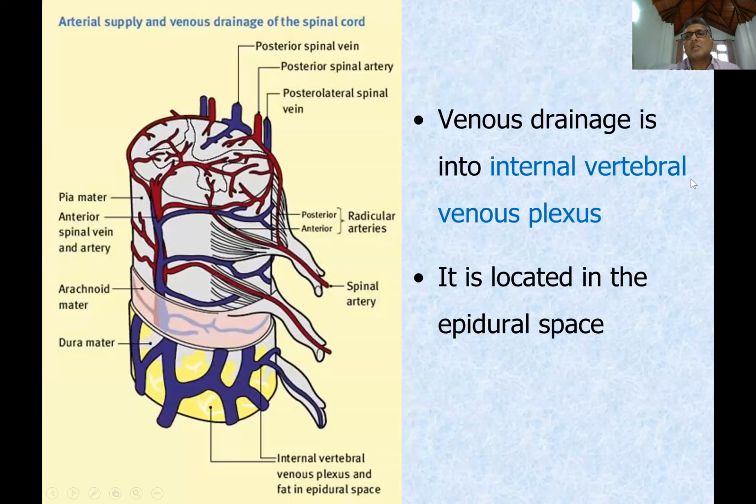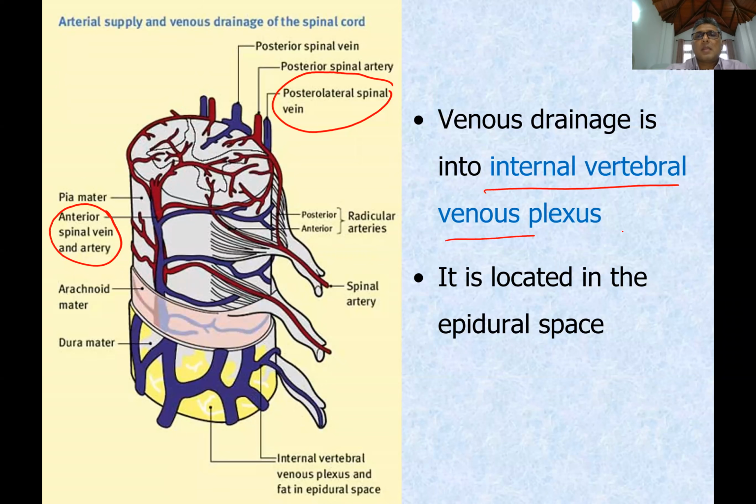Then when it comes to venous drainage, there are anterior and posterior spinal veins, just like the arteries. They all ultimately drain into a vertebral venous plexus called the internal vertebral venous plexus.